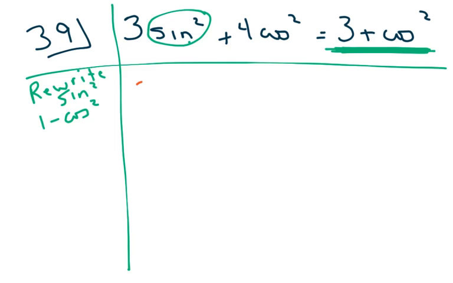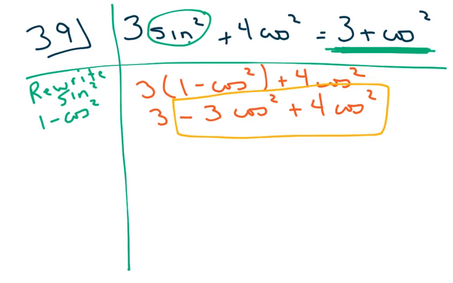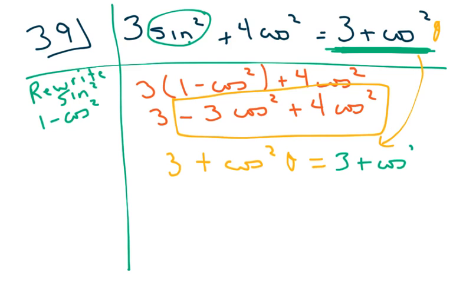So I'm going to have 3 times 1 minus cosine squared plus 4 cosine squared. Now when I distribute, I get 3 minus 3 cosine squared plus 4 cosine squared. I can combine these two here, so that's going to be 3 plus cosine squared theta. So these are equal with 3 plus cosine squared.